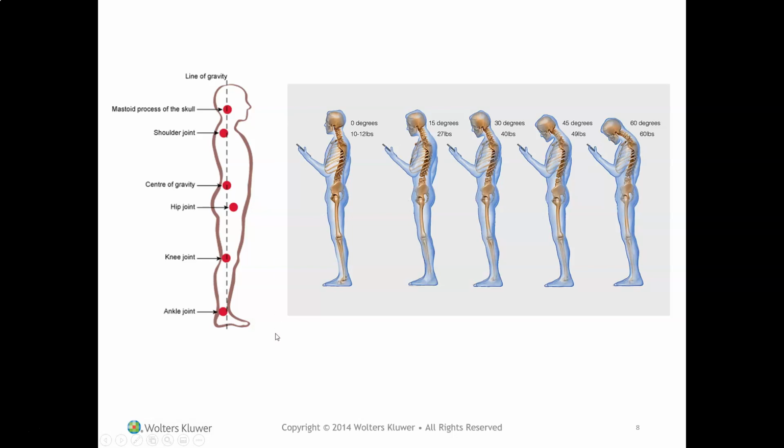So that's why postural control and posture is important, because if we maintain this plumb line, you're putting minimal stress on your neck and your shoulders, whereas by putting your neck at 60 degrees, you're adding 60 pounds of torque on here. So that's why maintaining good posture while you're online, on Zoom, or doing your homework is very, very important.